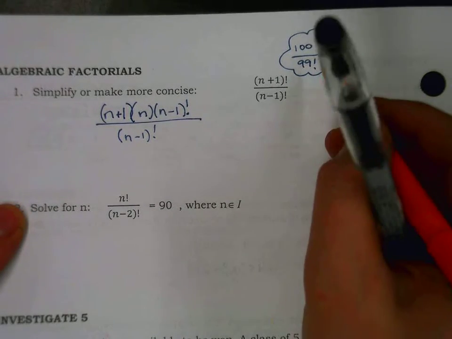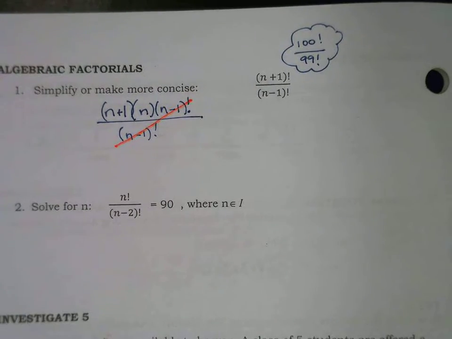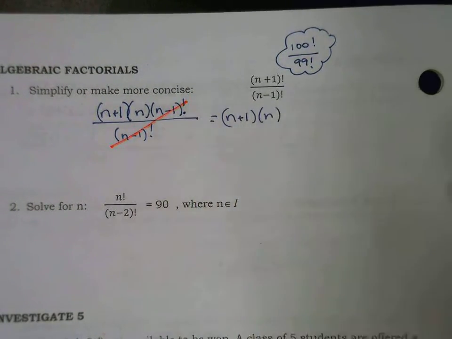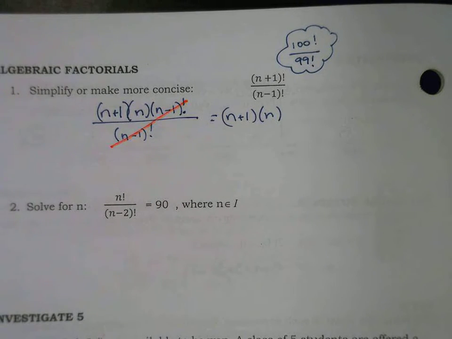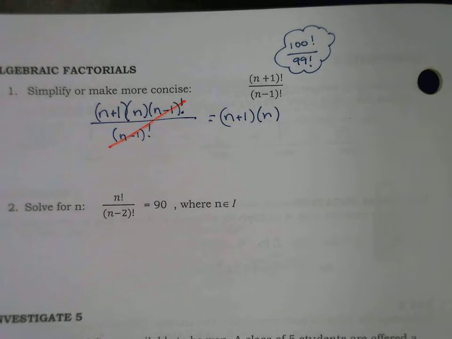And just like we canceled in the example on the previous page, we can cancel the n minus 1 factorials, which leaves us with an n plus 1 times an n. And we could multiply those together, but the intent is that we're simplifying or making more concise. So I'll stop there, but we could go further.